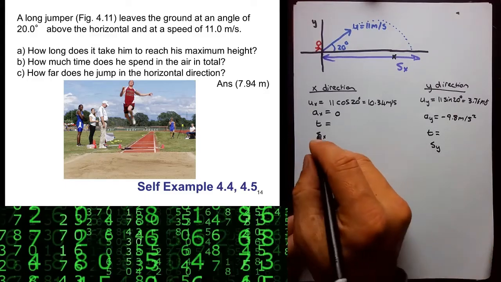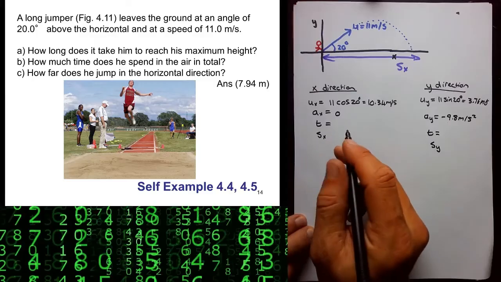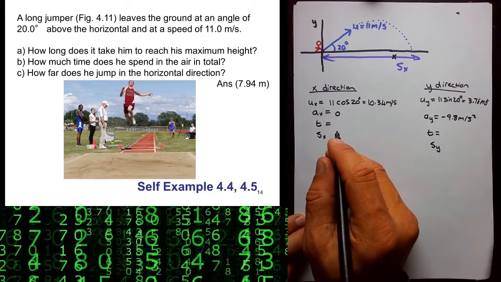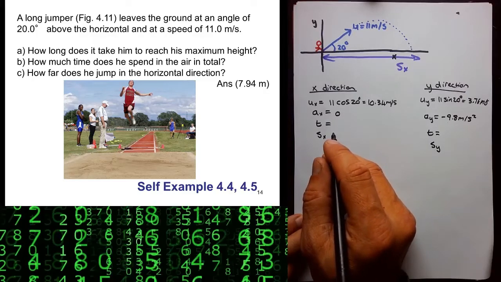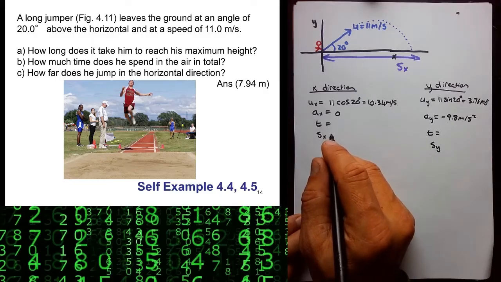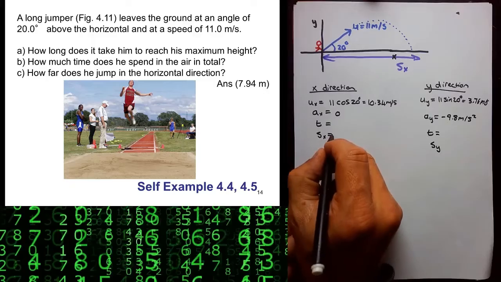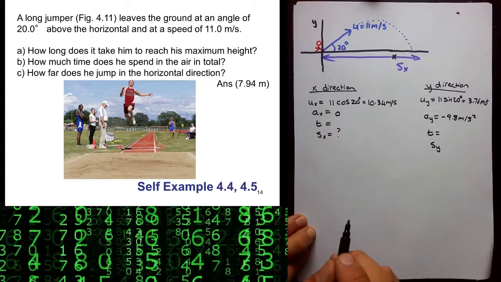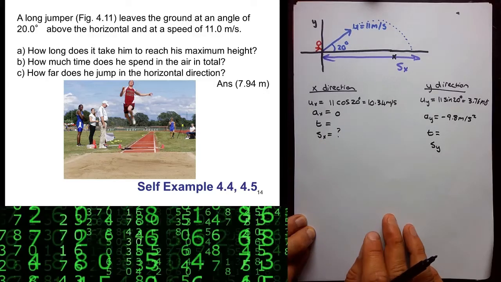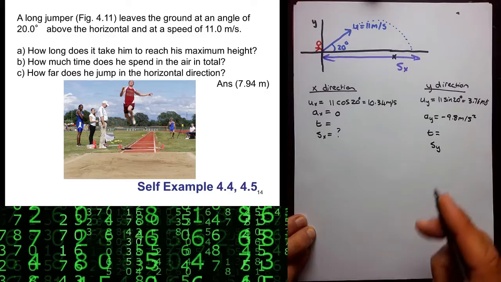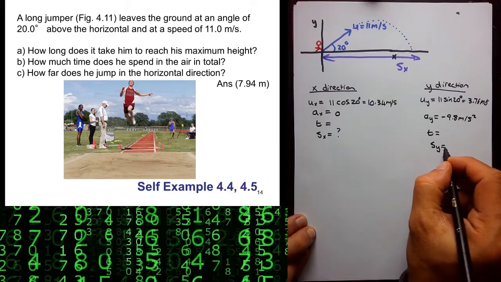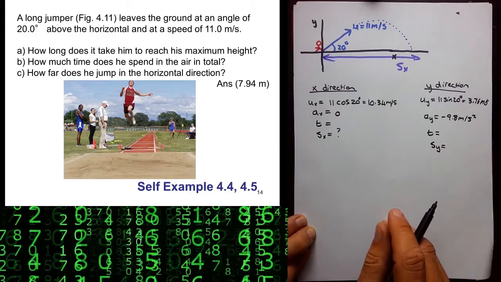That's what links them together. We don't have any information about a distance, but in part C we are asked to calculate how far he jumps in the horizontal direction. So Sx is actually what we've been asked to calculate. We're not given any information about Sy.